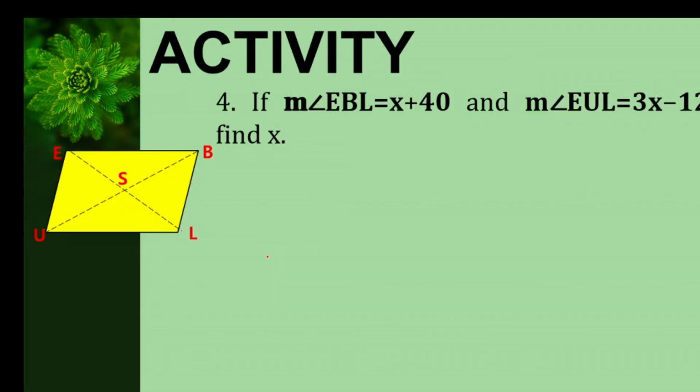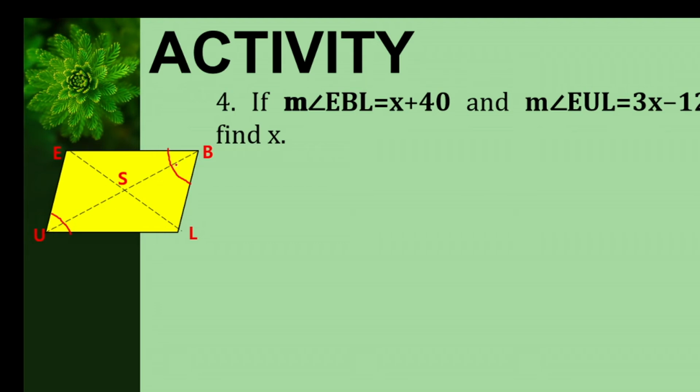Next, if the measure of angle EBL is equal to x plus 40 and the measure of angle EUL is equal to 3x minus 12, find x. Take note that angle EBL and angle EUL are opposite angles.